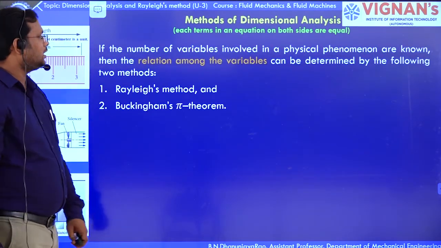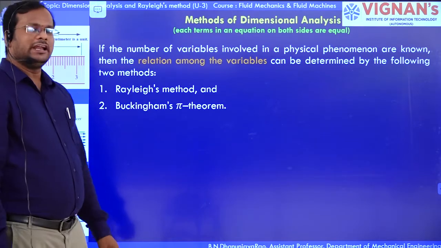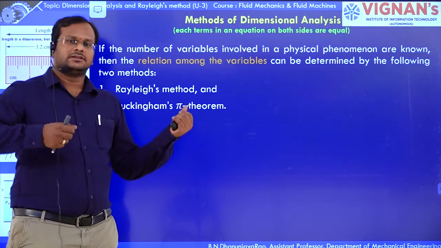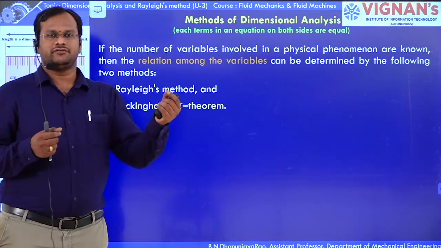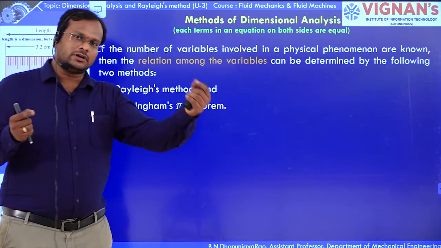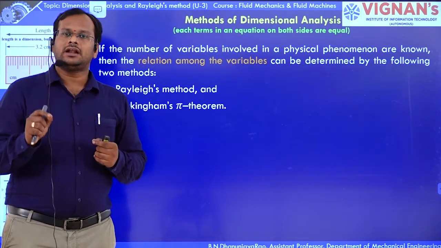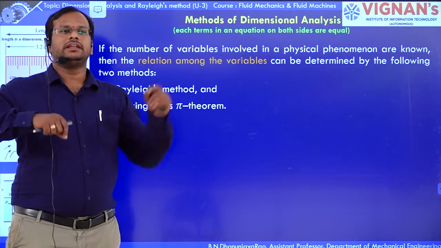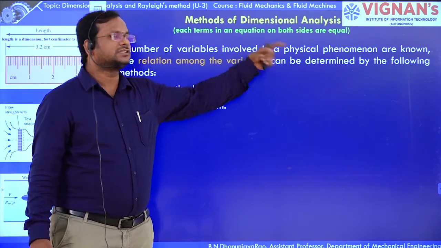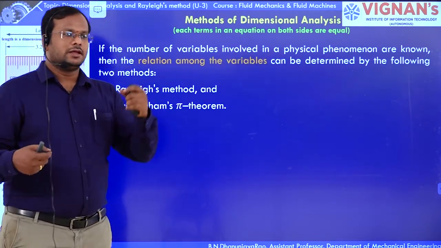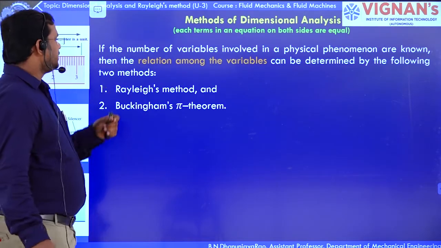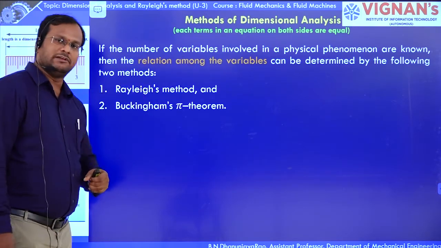If the number of variables involved in a particular physical phenomenon is known, as in the last slide, V is equal to root 2gh, where g and h are the variables involved in that phenomenon, then the relation among the variables can be determined.